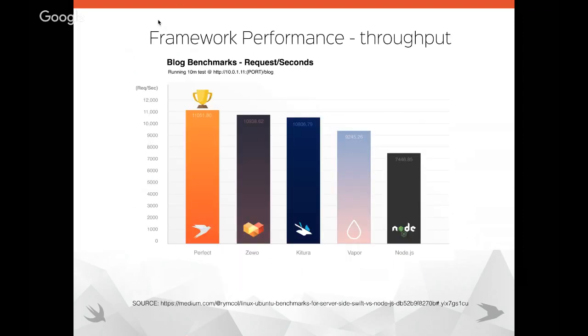Then let's have a look at framework performance. The throughput is huge. This is a third party, once again Ryan Collins. Full disclosure, Perfect did pay him a little bit of money to help him keep getting fed while he did some of his research.